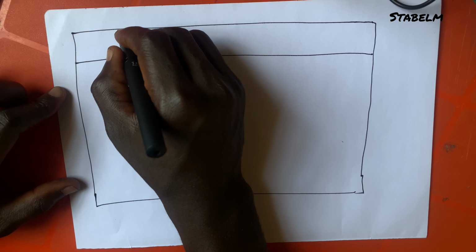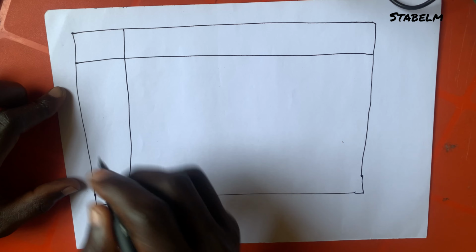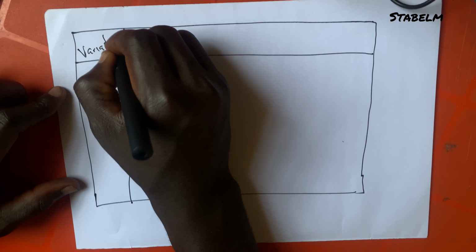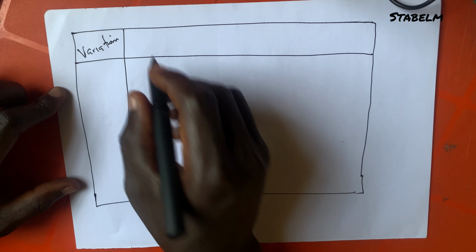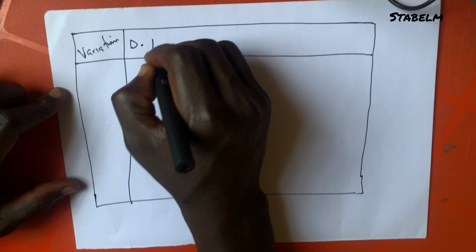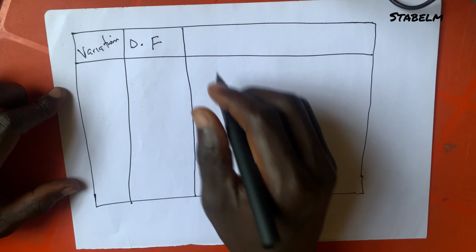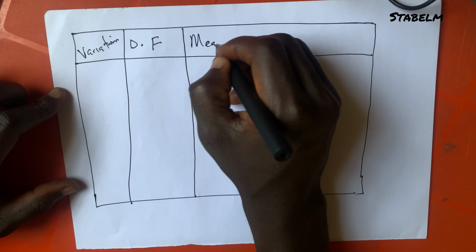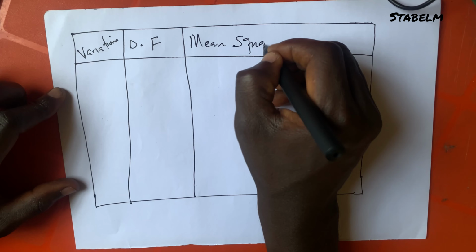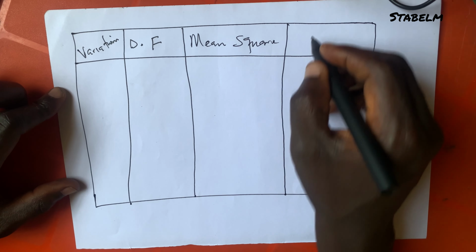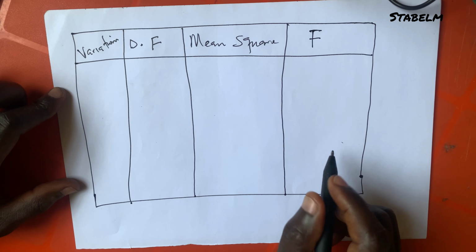So here now, we have variation, just like the first slide I showed you. Then the second one here we have degree of freedom, then followed by mean square, then followed by F calculated. All right.